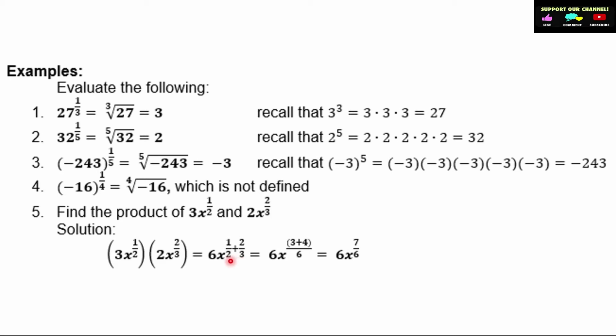So we get the LCD. For 2 and 3, the LCD is 6. So 6 divided by 2 is 3 times 1 is equal to 3. On the other side, 6 divided by 3 is 2 times 2, that is equal to 4. Then, copy the 6x, and the numerator 3 plus 4 makes 7/6. If you can still reduce it, reduce it to lowest terms.